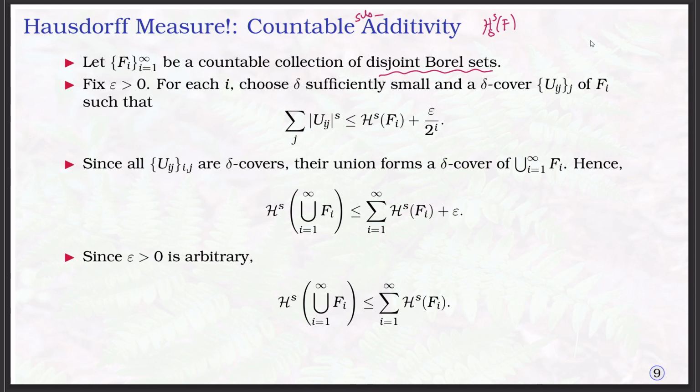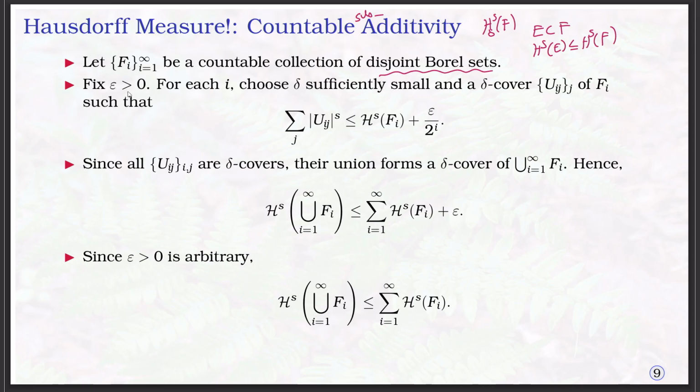Second, if E is contained in F, we need to show Hs of E is less than or equal to Hs of F. The third one, if you are taking a countable collection of disjoint Borel sets, we need to show the countable additivity. Instead of disjoint Borel sets, if you are taking general sets, we need to show the countable subadditivity. Now we are taking disjoint Borel sets, where a Borel set is a member of the sigma algebra.